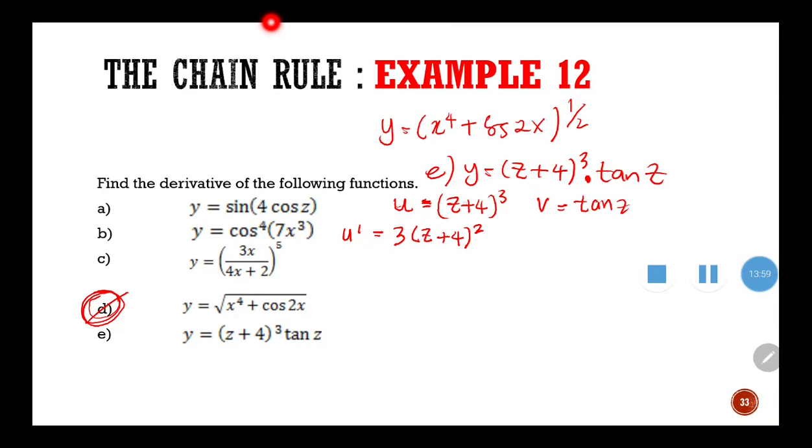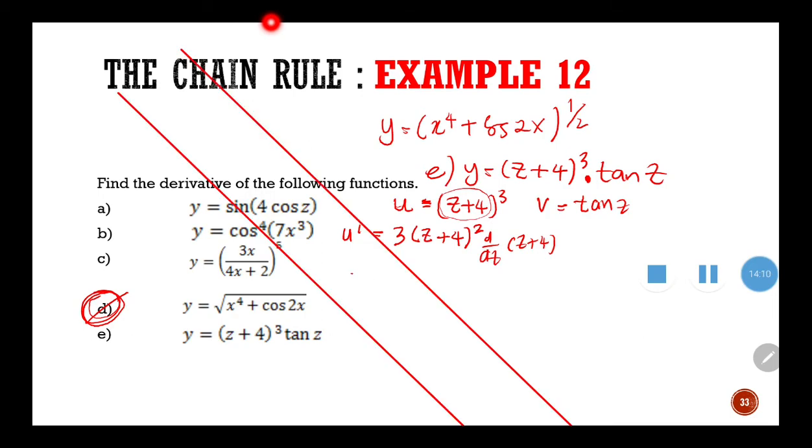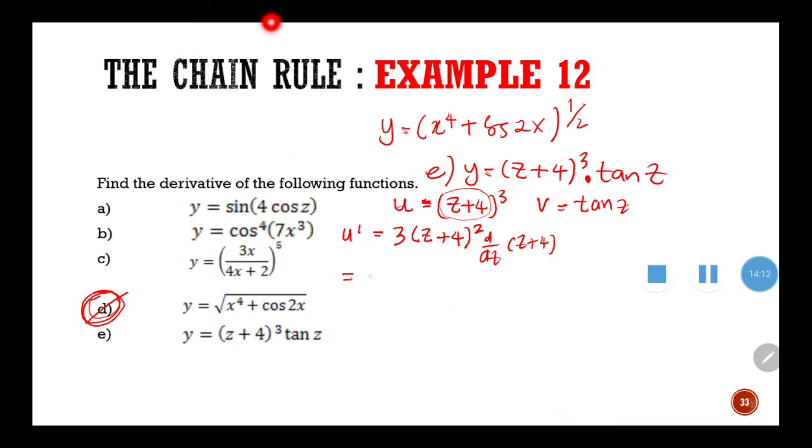Then differentiate what is inside here. Okay, d dz for z plus 4 is actually equals to 1. Betul tak? It's just equals to 1. So you get the answer 3(z plus 4) square sahaja. And then v prime pula, tangent z differentiate, you will get secant square z.